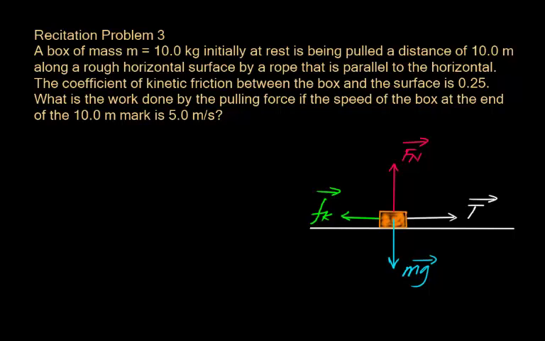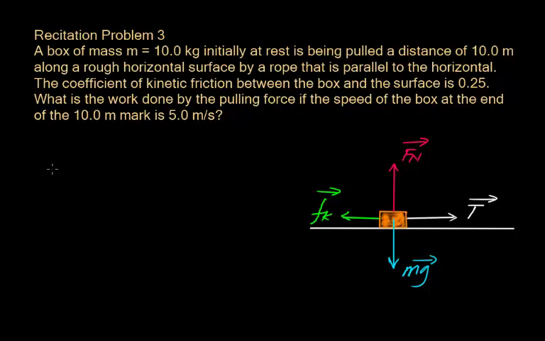The tension is doing a positive work because it's acting along the same direction of motion. The normal force is acting in a perpendicular form with the displacement, therefore it does zero work. The friction force is acting in the opposite direction of motion, therefore it does negative work. In general, the work done by all these non-conservative forces, the tension, the normal force, and the friction, is not equal to zero.